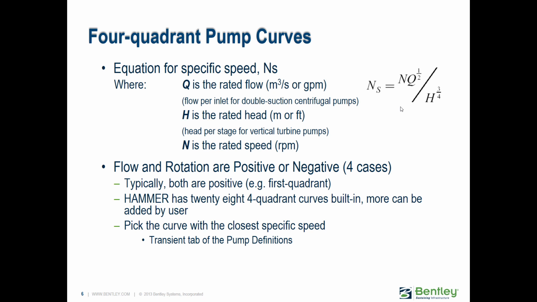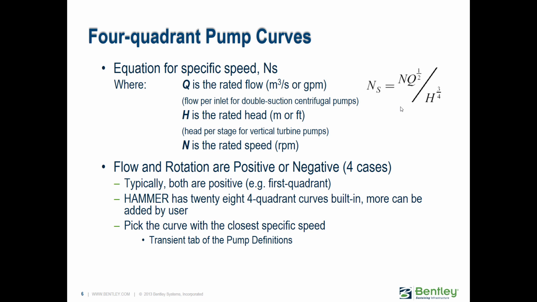When we say rated, we're talking about the values that are pretty close to the best efficiency point, so something that is sort of the normal operating conditions. And that's part of the reason why I mentioned earlier that it's very important to make sure that your pump is not operating in an abnormal place on its curve, because the results may be skewed because of the way that the specific speed is using it.